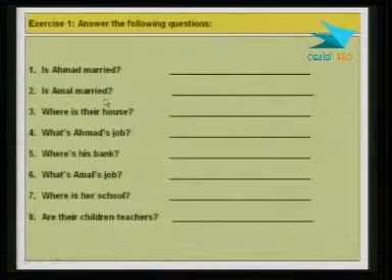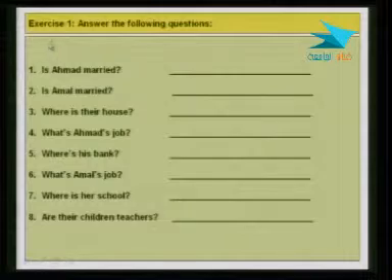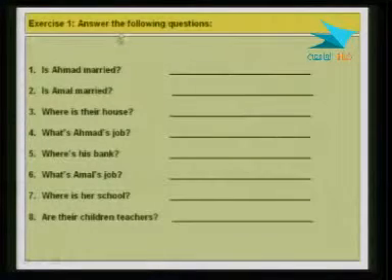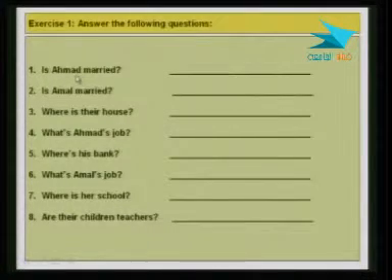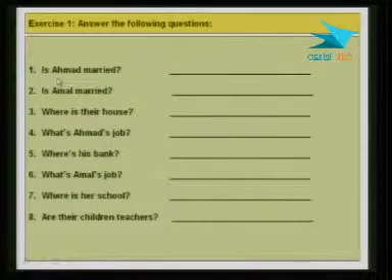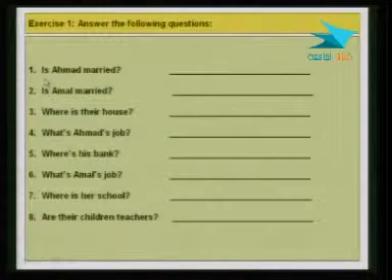All right. Let me move on to an exercise here, because as I said earlier, it's very important to practice. It's very important that we practice the rules that we study. Exercise 1 says, answer the following questions. Look at the question here. Is Ahmed married? And I'm asking you, is this question a yes/no question or an information question? Look at, of course, the beginning of the question.